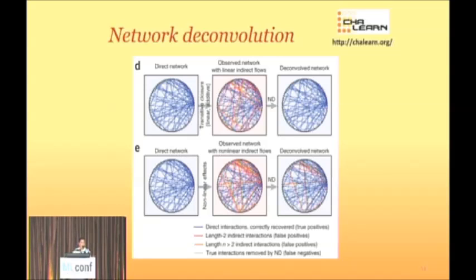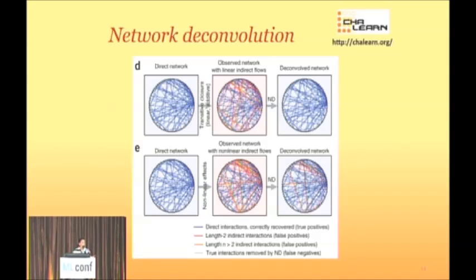So basically, with the method I told you before and this network deconvolution, you have a full methodology. Here on the graph, what you see in a circle are all the nodes, and the edges are in blue in the first column. In the second column, you see the edges that have been inferred by an algorithm that basically looks at pairs of variables, and there are a lot of spurious edges because there are indirect effects.